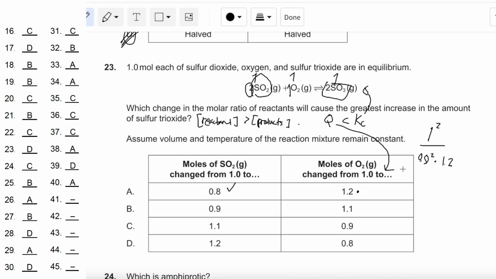That is why 0.8 is squared, because here is 2. It's very difficult, isn't it? Anyway, I found another easy way to calculate.